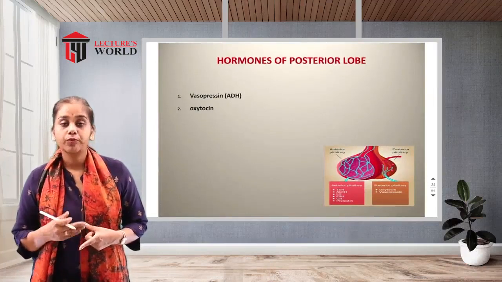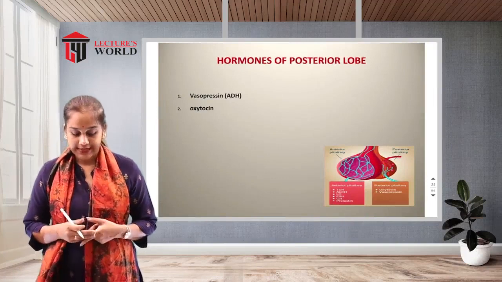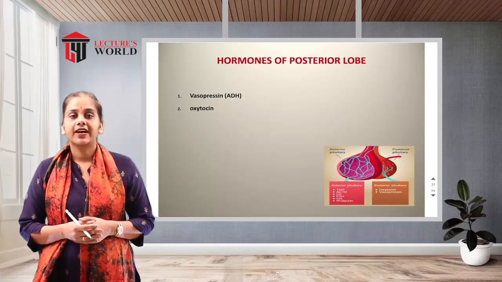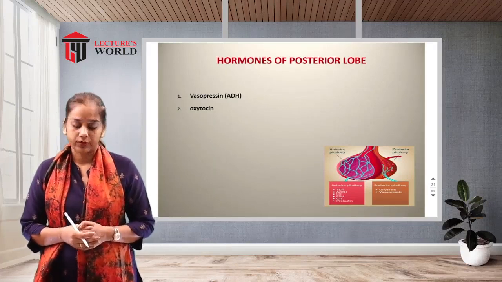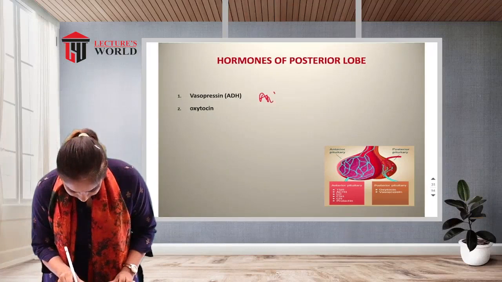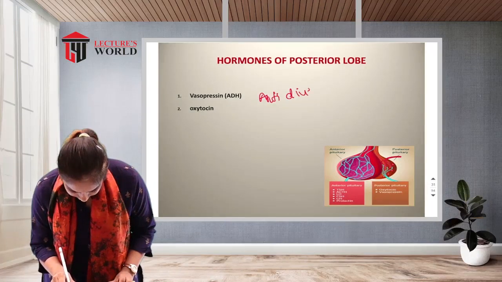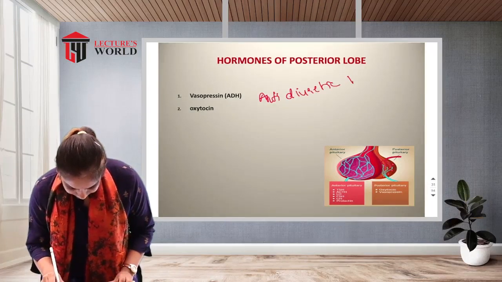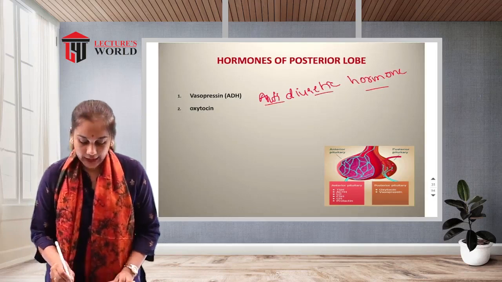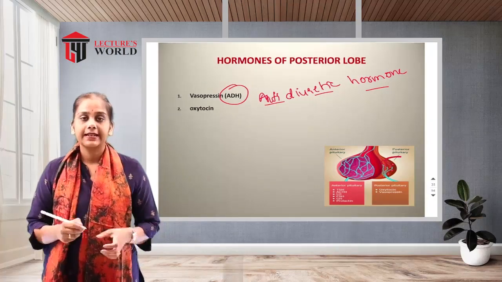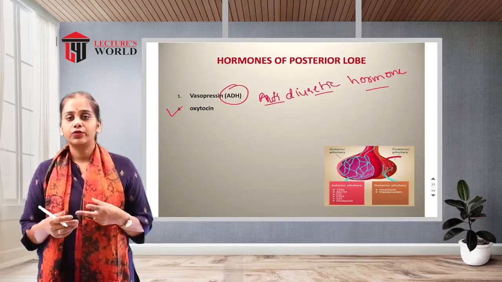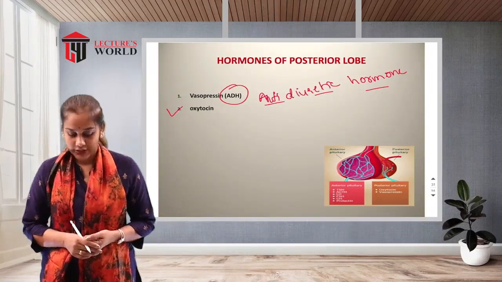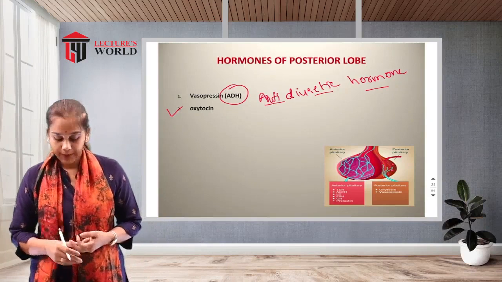The two major hormones are vasopressin, whose other name is ADH, antidiuretic hormone, and the second most important hormone, oxytocin. Both are very important and essential in the posterior lobe of the pituitary gland.